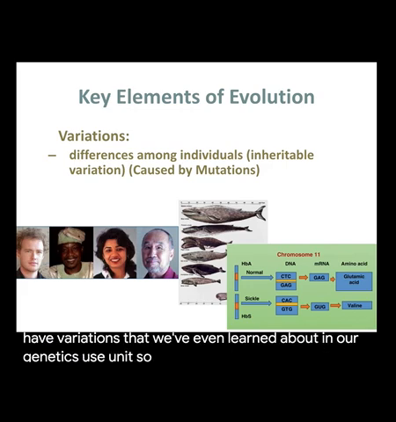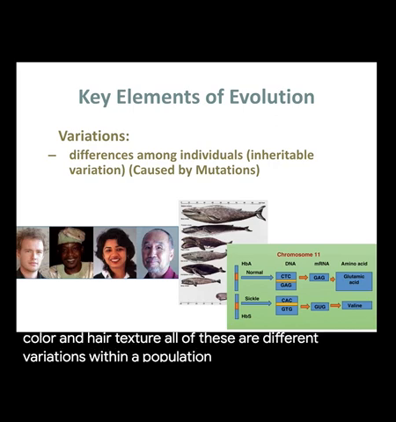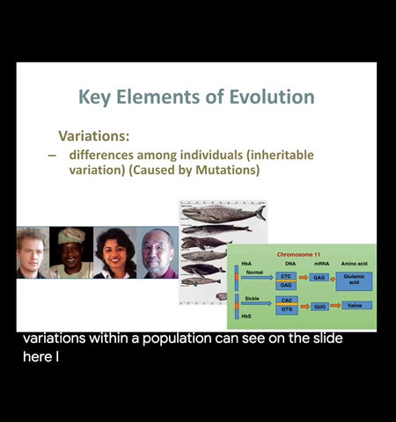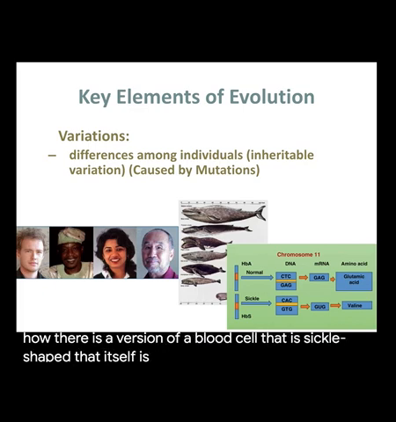So our big toes and our hair color and our hair texture, all of these are different variations within a population. Even as you can see on the slide here, I have chromosome 11, where we talked about how there is a version of a blood cell that is sickle shaped. That itself is a variation in the population.